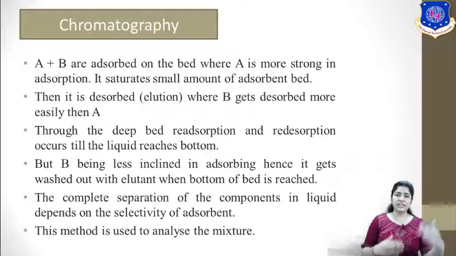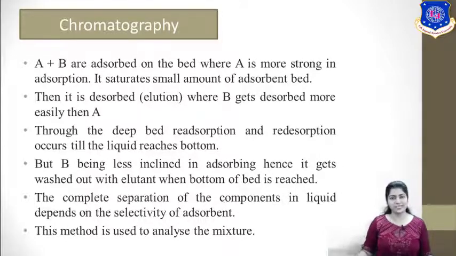A series of readsorption and redesorption will occur throughout the bed. But B being less inclined toward adsorbing, at the bottom of your fixed bed B will totally get dissolved along with your elutant. So only A will be remaining in your fixed bed, in your adsorbent. So this way complete separation of components can be achieved.